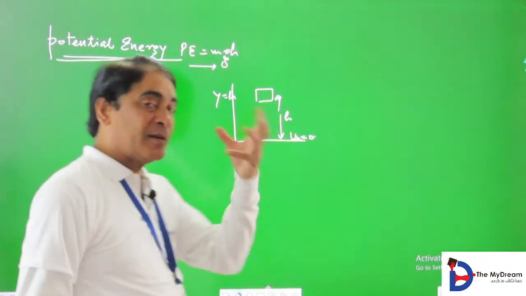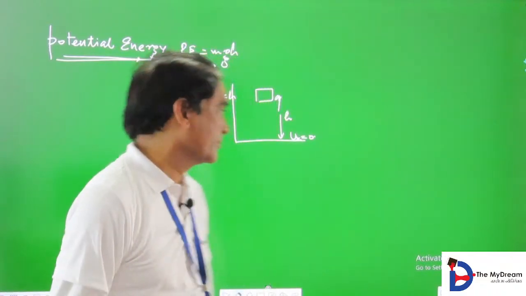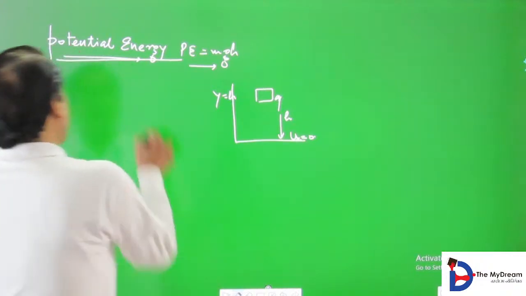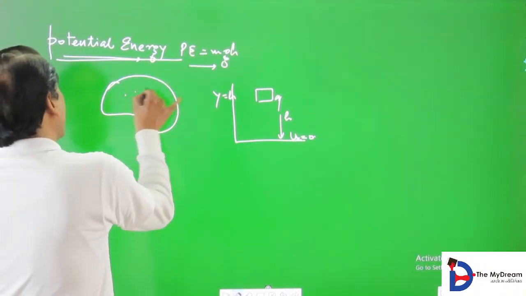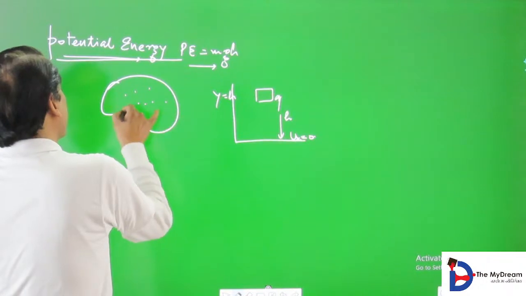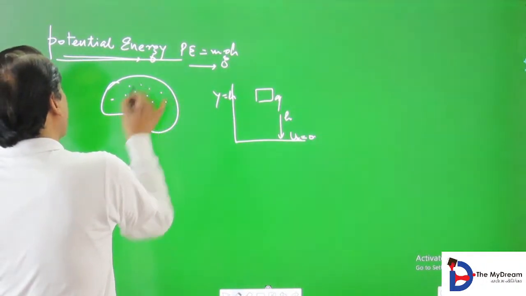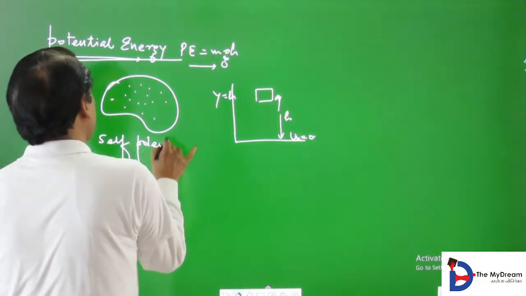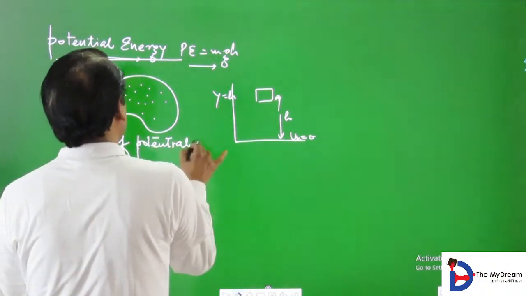If you are considering two different objects, ठीक है, तो एक तो ये वाली बॉडी है, इसके अपने पार्टिकल हैं, this is the self potential energy.